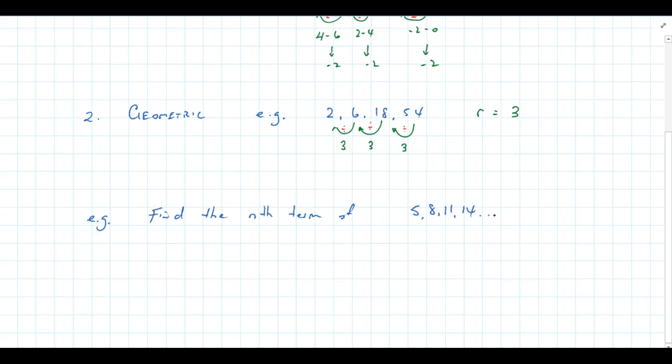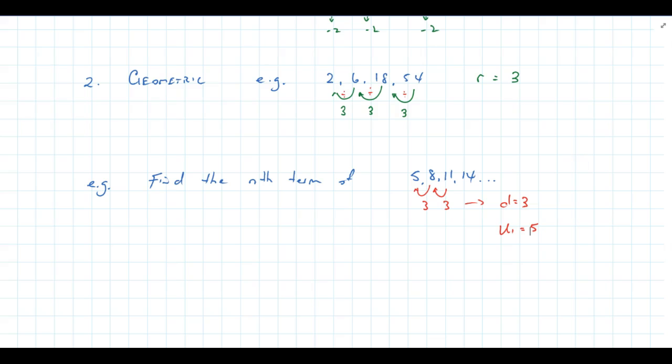We start with 5 and we're going up in threes. 8 minus 5, 11 minus 8. So our difference is 3. Our first term is 5. We denote our first term by U1. So U1 is 5. Our difference is 3. And obviously we've identified right at the outset that this is arithmetic.